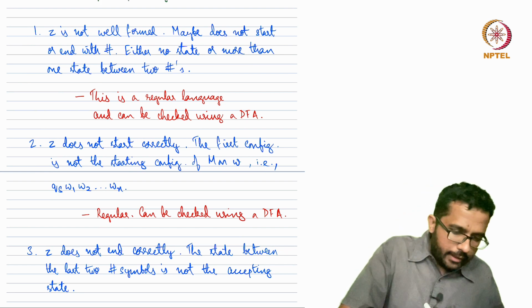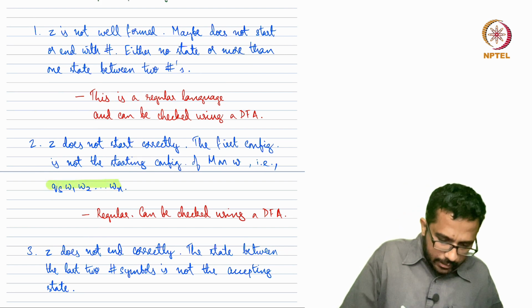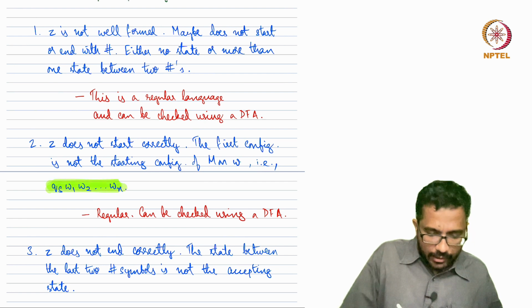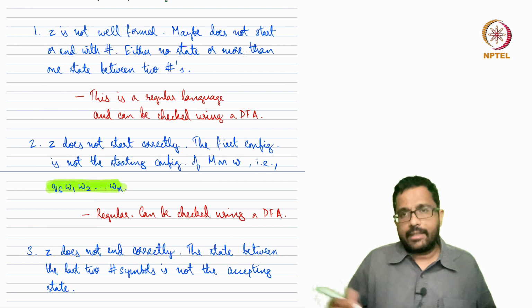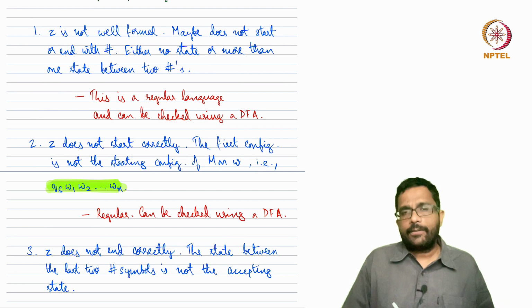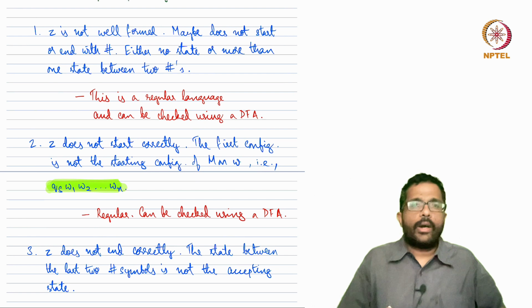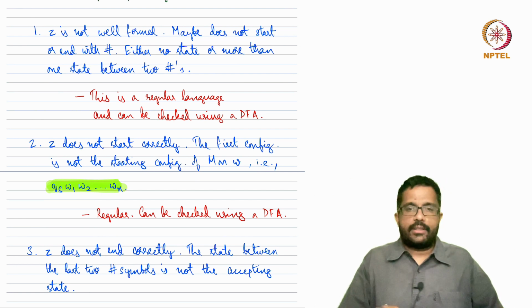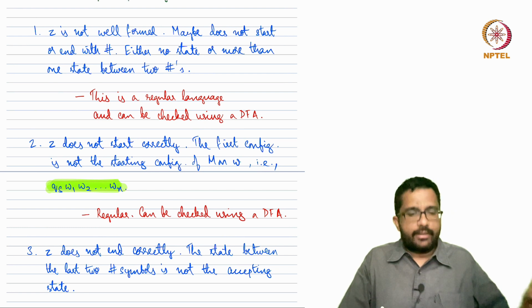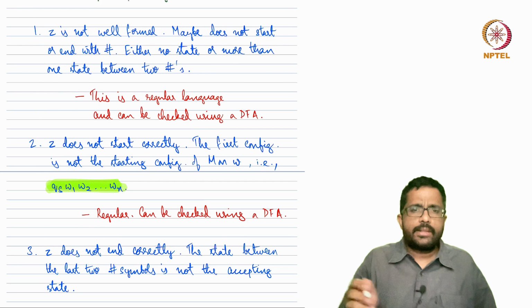The starting configuration of M on W should look like this, where QS is the starting state and W1, W2, etc. is the string W. So is the first configuration equal to this? If not, that is another way Z is not an accepting computation history. This is also easy to check. All we are asking is whether the first configuration equals something, which can also be checked using a DFA.